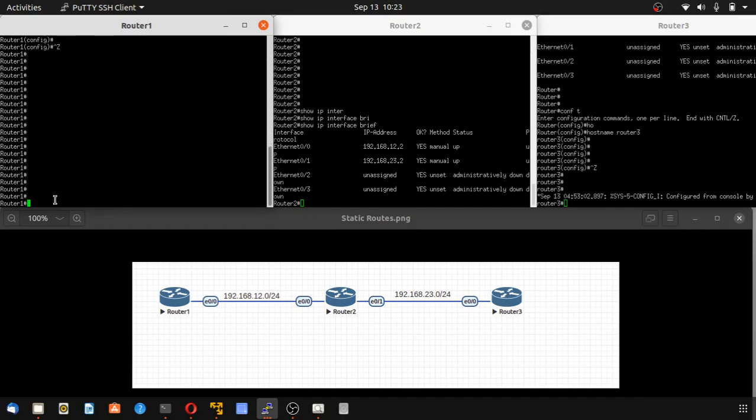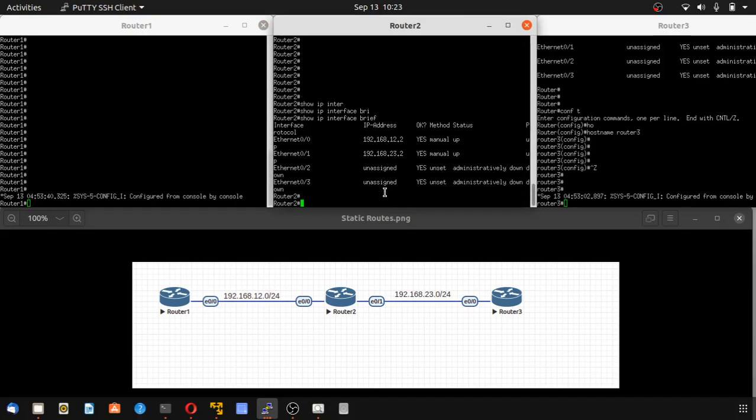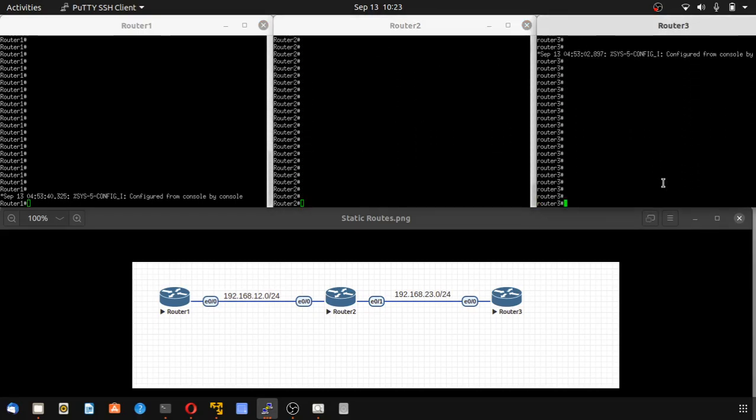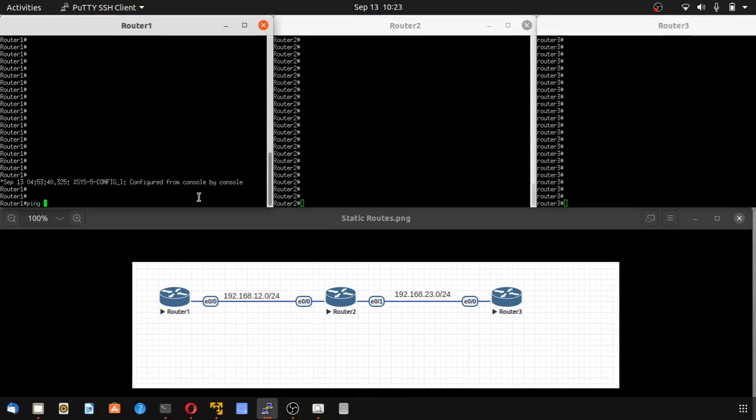Now the next step, we have to verify the point-to-point connectivity. From R1, R2 should be pingable: ping 192.168.12.2, and you will see that it's reachable.